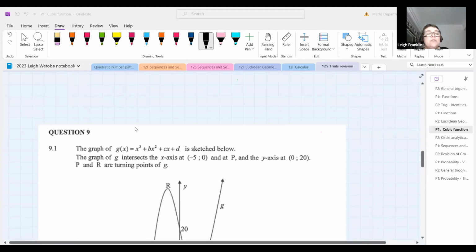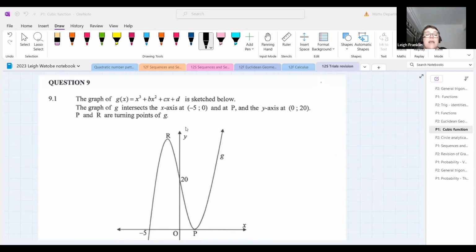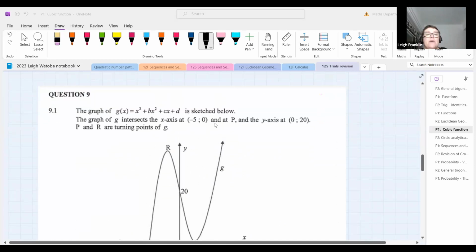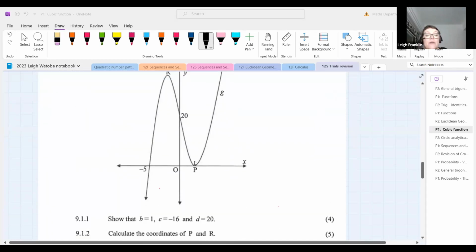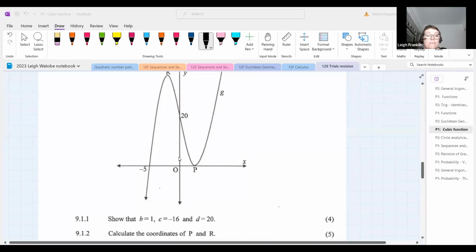They've told us the graph of g of x equals x cubed plus bx squared plus cx plus d is sketched below. The graph of g intersects the x-axis at -5 and at p, and the y-axis at 20. P and R are turning points of g.